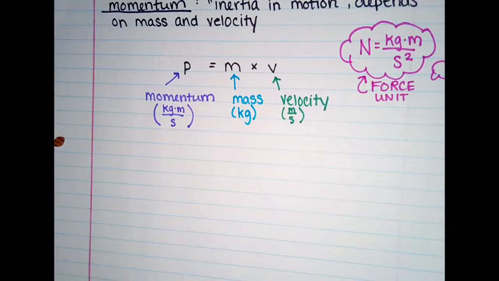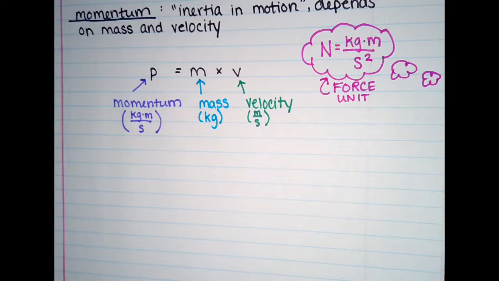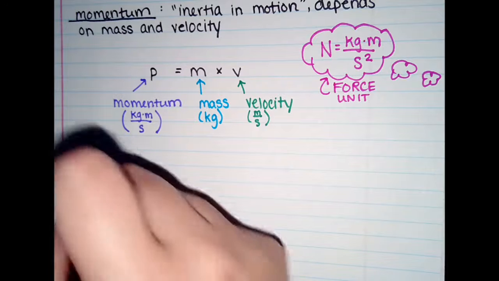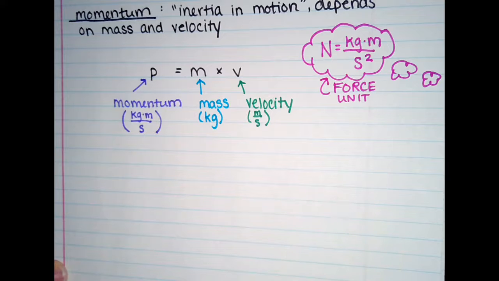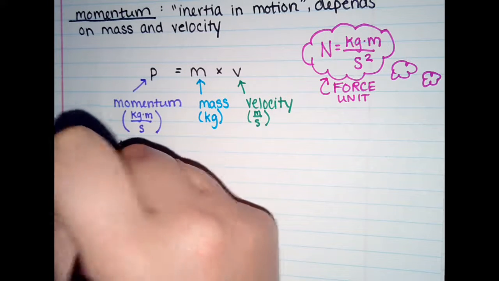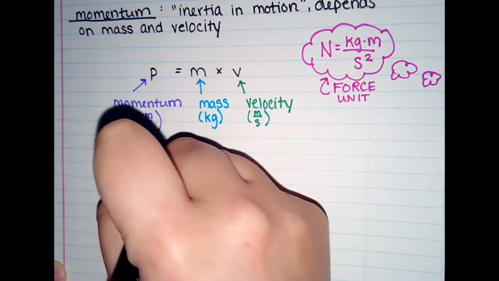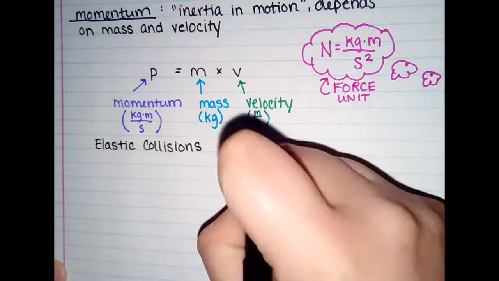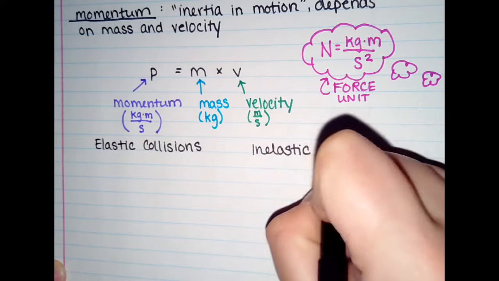All right, we do have two types of problems you could do with momentum, and a lot of them have to do with collisions or things hitting each other. So, kind of make, I don't know, it's like a T-table comparing. There are elastic collisions and inelastic collisions.